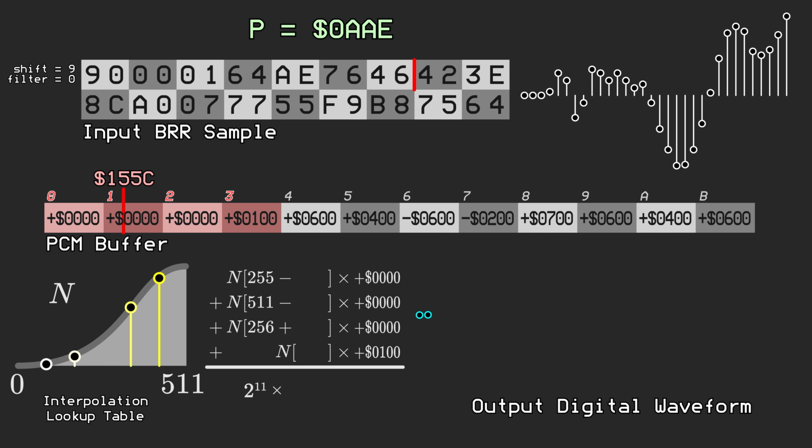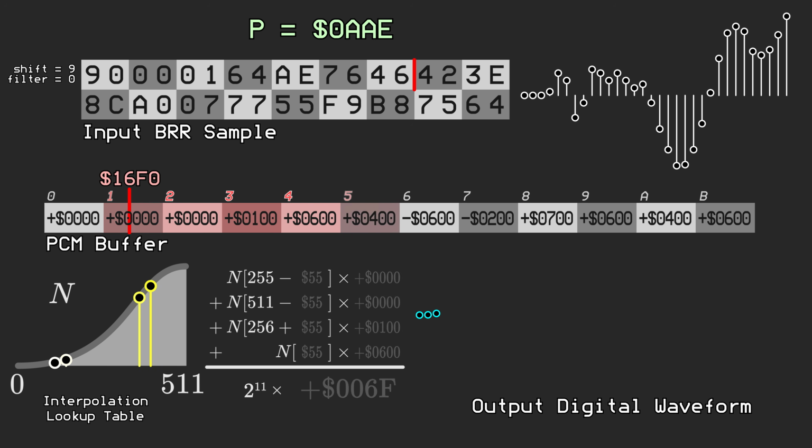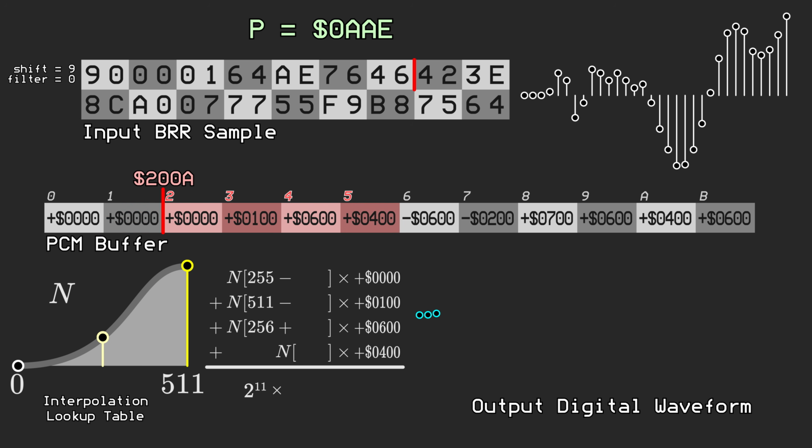This time, the highest nibble of the pitch counter is 1, so now we shift over to the next set of 4 samples in the interpolation calculation, and our bell curve index is hex 55. This results in an output sample point of hex 6F. The pitch counter increases again to hex 200A. Now we're at the next set of sample points with an index of 0, resulting in hex 1BB.